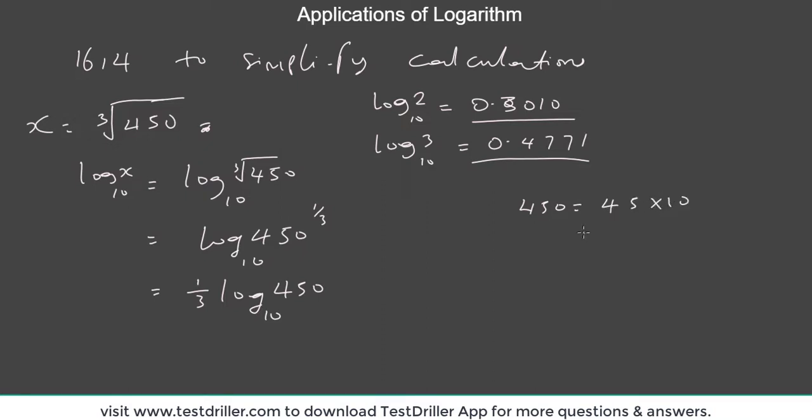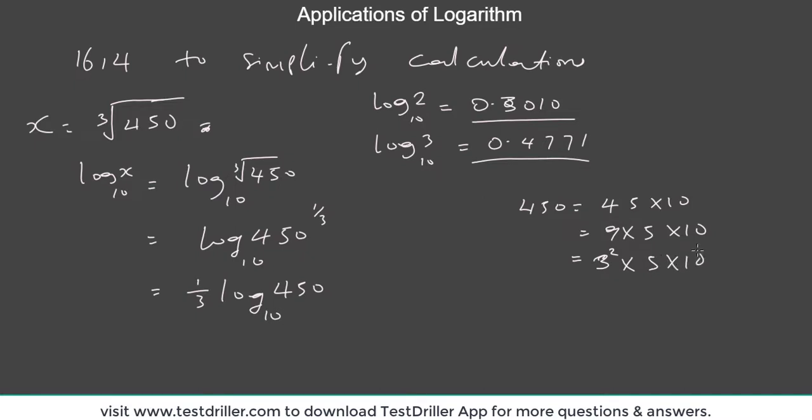The next thing we can do is break down 450 into 45 times 10, and we can break down this 45 as 9 times 5 times 10, and we can go further by breaking this down to 3 raised to the power of 2 times 5 times 10.